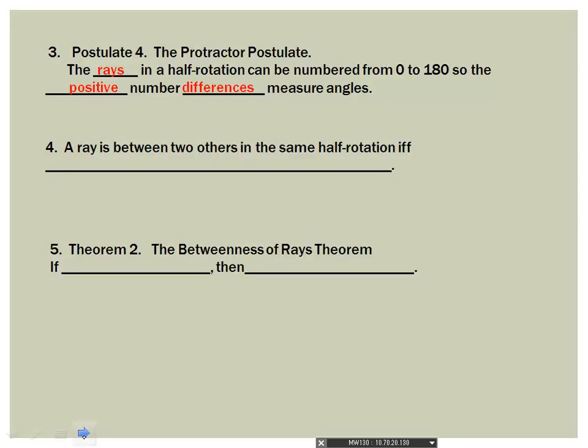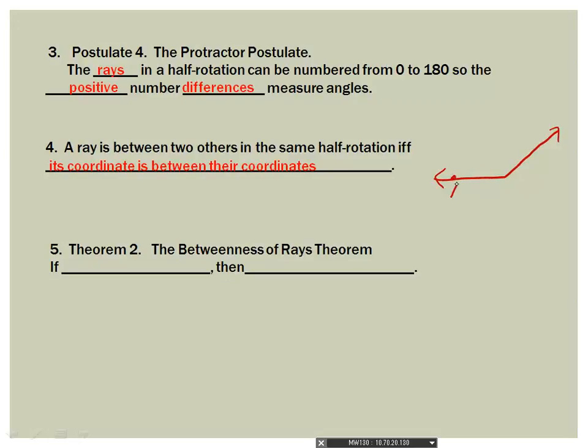All right, number 4, a ray is between two others in the same half rotation if and only if its coordinate is between their coordinates. So half rotation, okay, so that's 180 degrees a half rotation is.